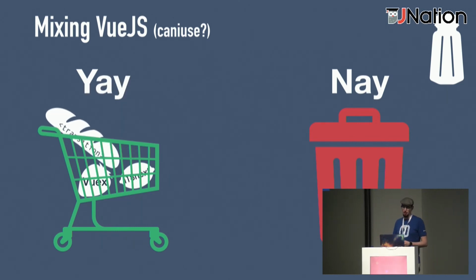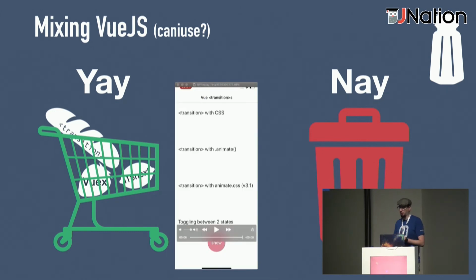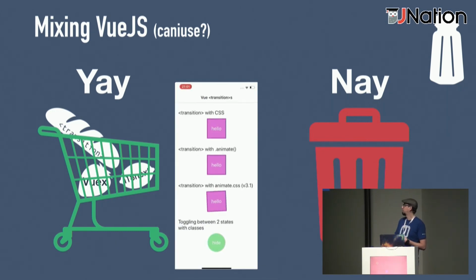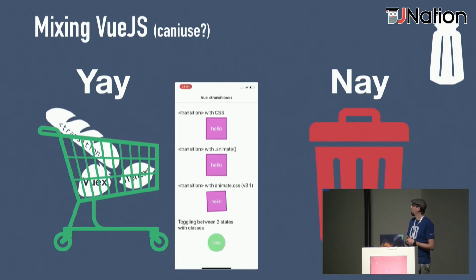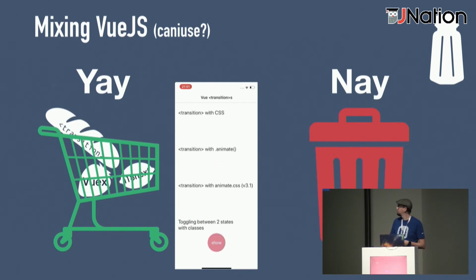And yes, you can use it with some gotchas, but I actually have a demo that you can check out later with several transitions using several techniques. So all this works and it's fine.